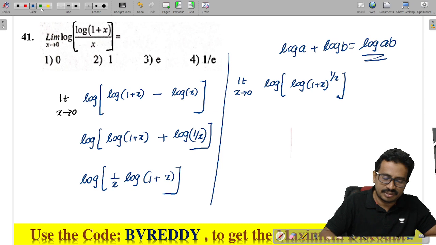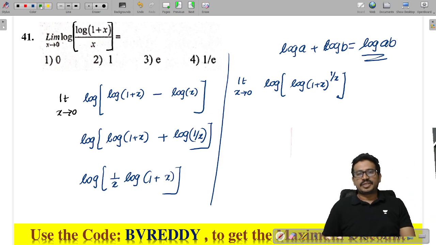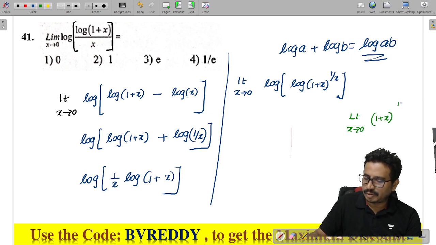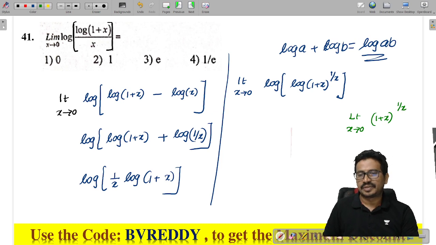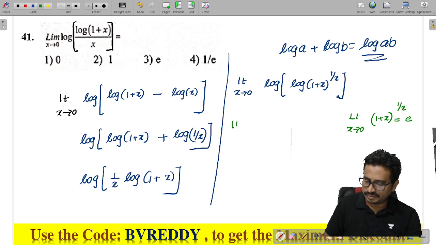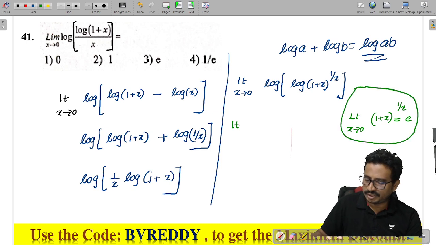As you might know, limit x tends to 0 of (1 plus x) whole power 1 by x, this value is equal to e, isn't it? This value is equal to e.